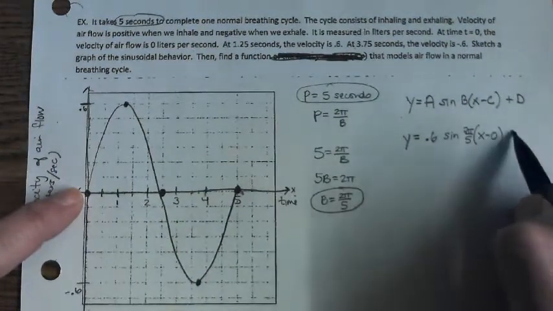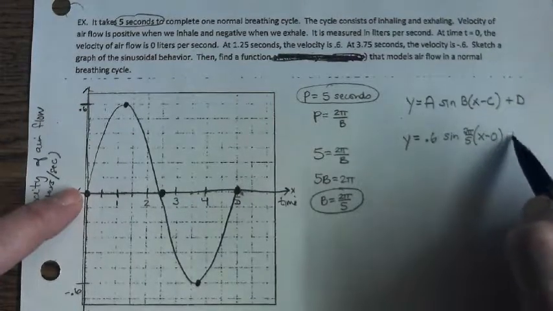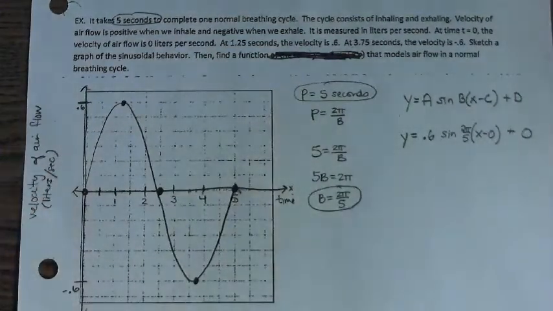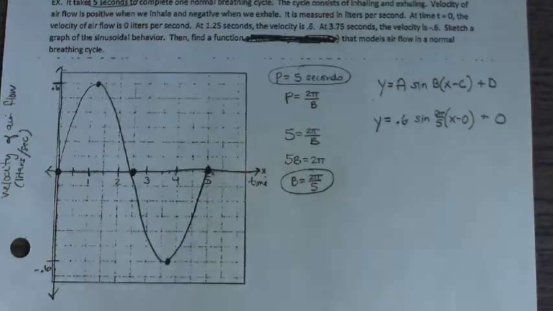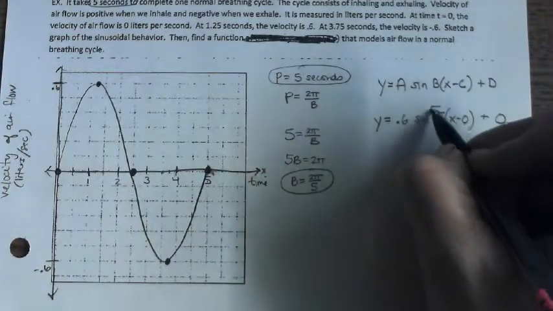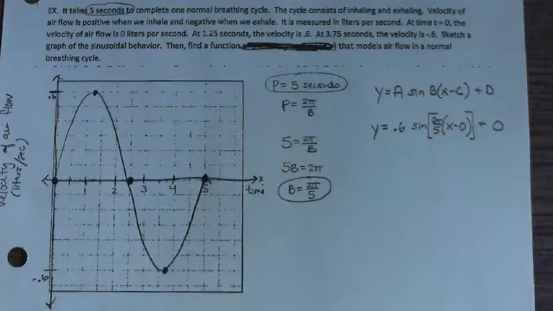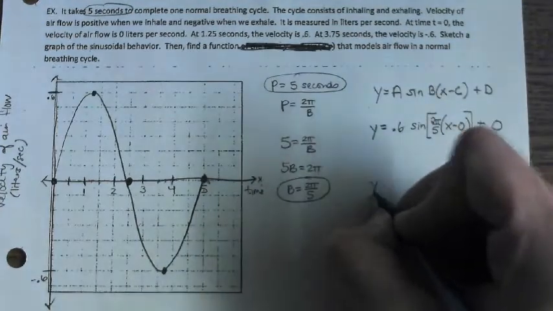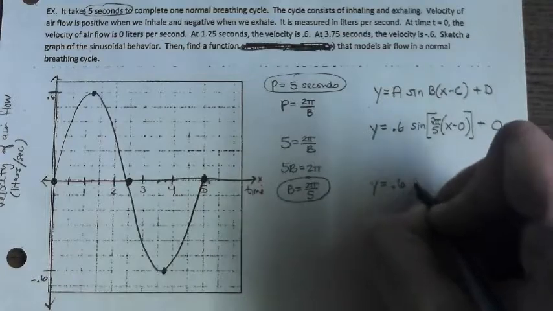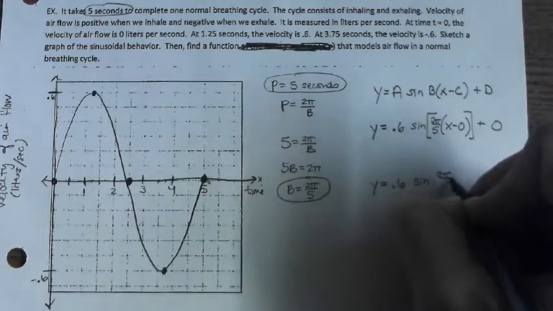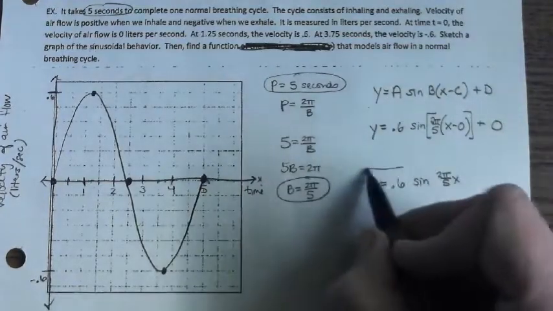How about what's our midline? 0. So if you plug everything in, that's what we have, and you may or may not see brackets around that. And then we can get rid of the zeros that don't make a difference, so we have this in this form.